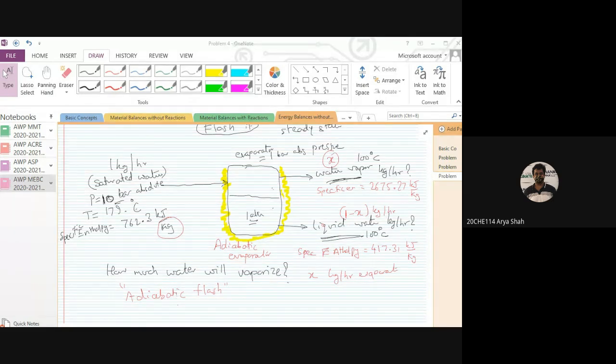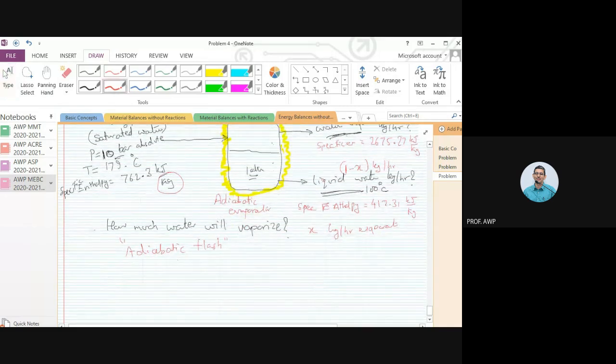We write that now. What kind of enthalpy balance can we write? 1 kg per hour, enthalpy coming in, 1 kg per hour into 762.3 kilojoules per kg.